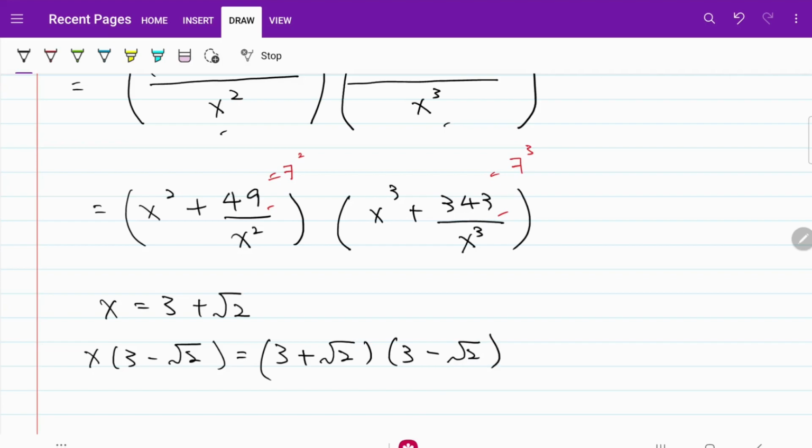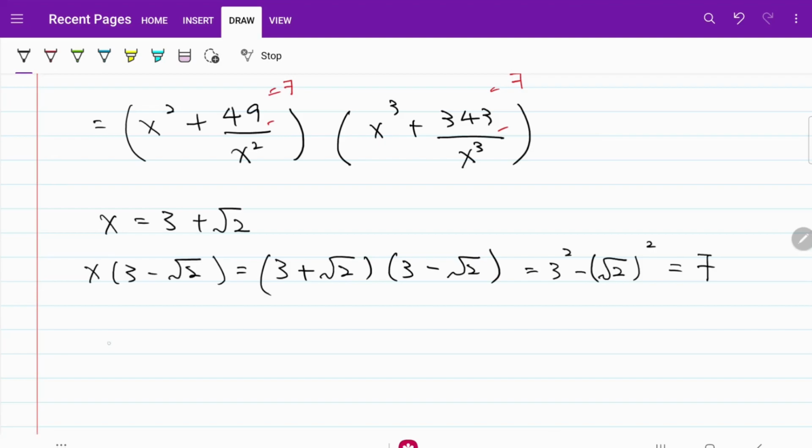Using the formula for difference of squares, I can express this as 3 squared minus square root of 2 squared, which is equal to 7. So if I move things around, I now have 7 over x is equal to 3 minus square root of 2.